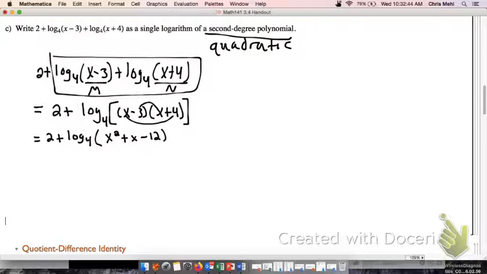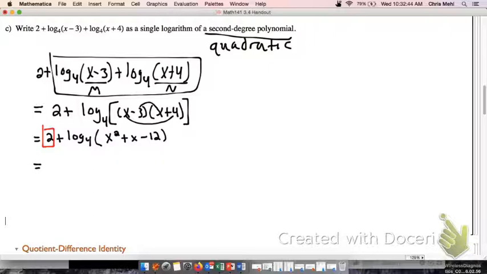Okay, so now I have reduced it to two terms, and how am I going to write this as a single logarithm? Well, this is going to come down to rewriting 2 in terms of log base 4.